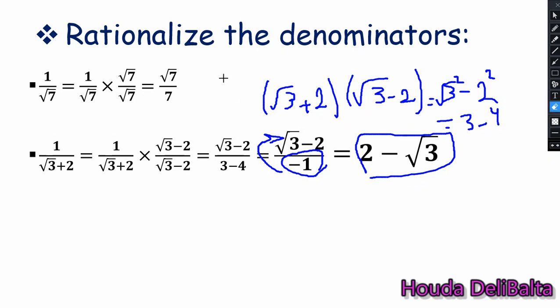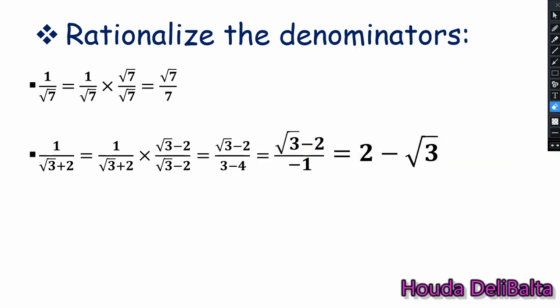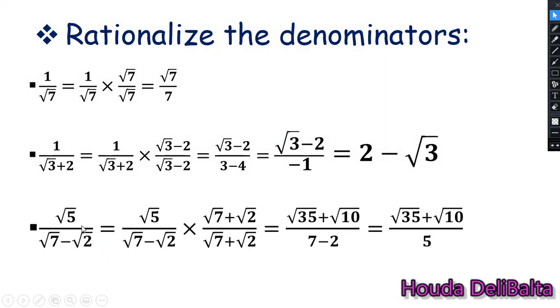Now let's move to the third example, which is radical 5 over radical 7 minus radical 2. Notice the sign in between them is minus, so I'm going to multiply by the same numbers but having the opposite sign, which is plus, in the middle, up and down. Now I start expanding.